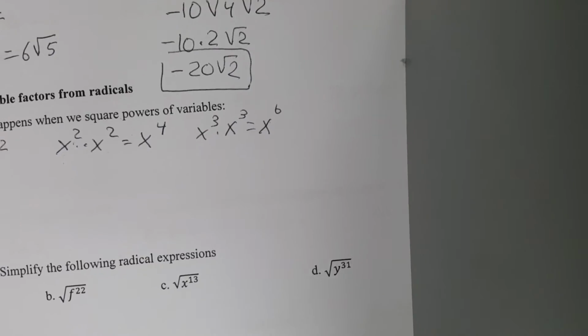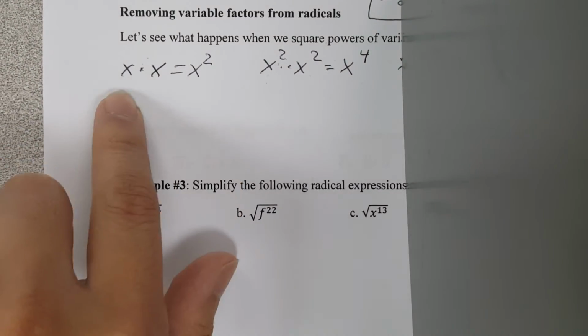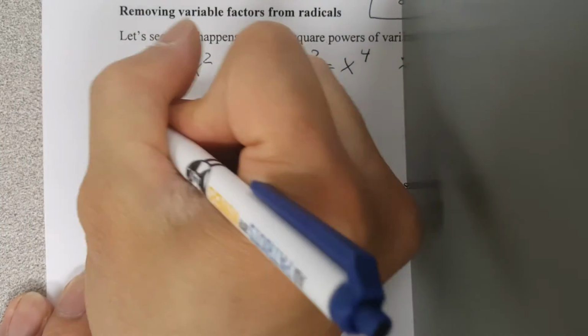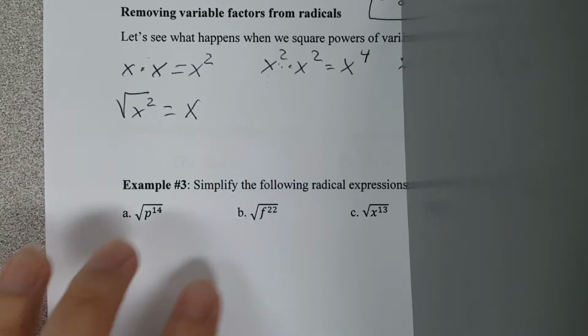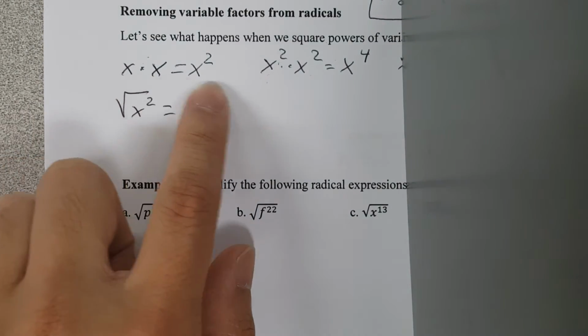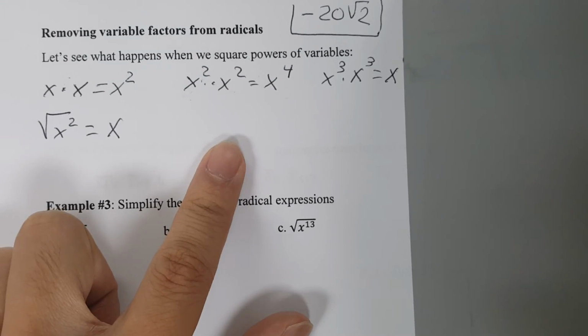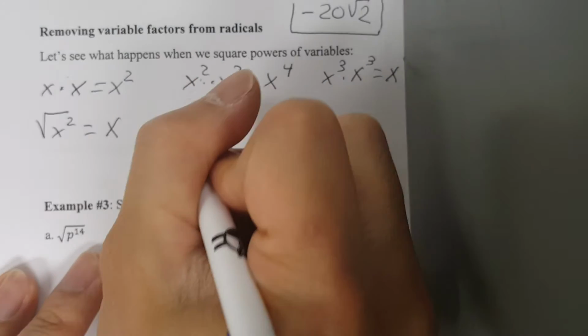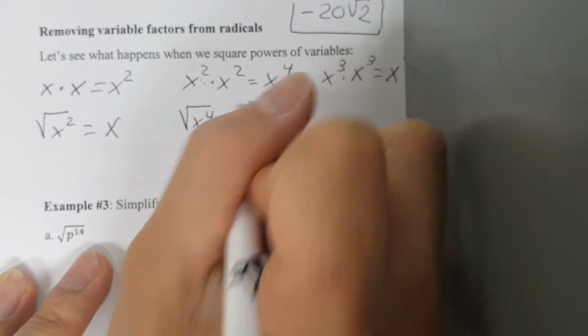So look what happens here. x times x is x squared. That means if I go in the reverse direction, the square root of x squared is just x, right? Remember how 5 times 5 is 25, so the square root of 25 is 5. That's the same thing that's happening here. So here, the square root of x to the 4th is x squared.